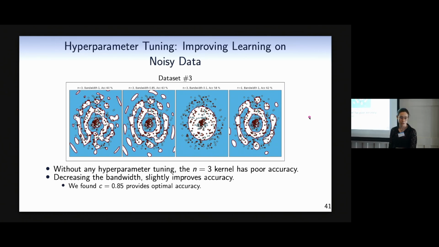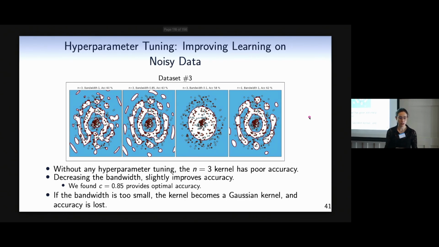If you decrease it too small, then your kernel looks like that untuned Gaussian, just a blob sitting in the center. And you also see through this that in this figure here and this figure here, you're comparing an n equals 3 kernel to an n equals 1 kernel, and the structure looks similar with that bandwidth, indicating again that loss of effective stellar rank.